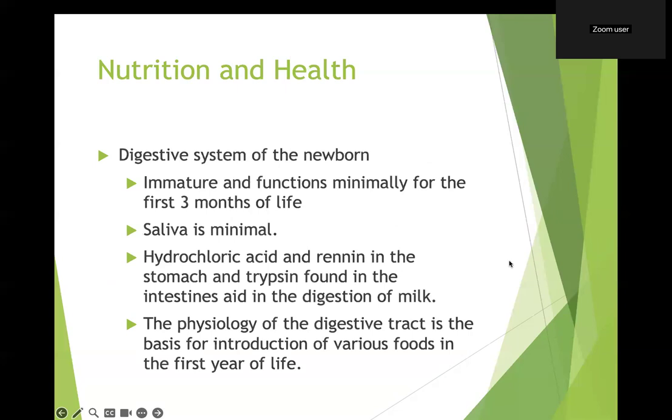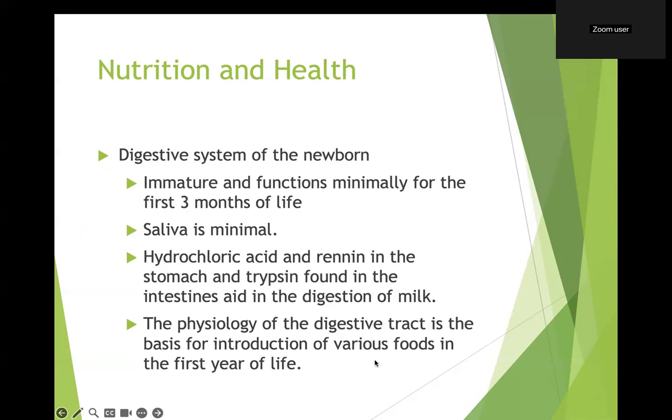So nutrition and health. The digestive system of the newborn is immature and functions minimally for the first 3 months. Saliva is also minimal. So hydrochloric acid and renin in the stomach and trypsin found in the intestines aid in the digestion of milk.